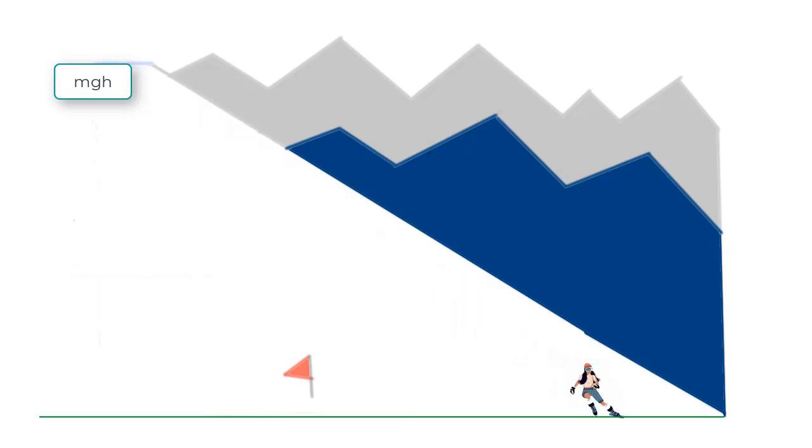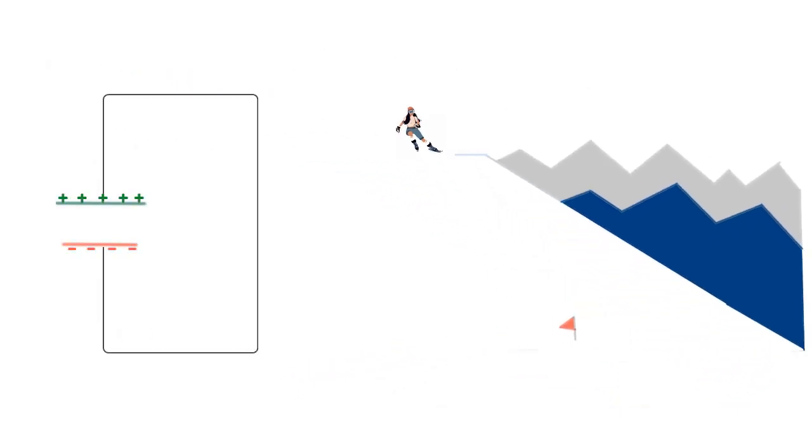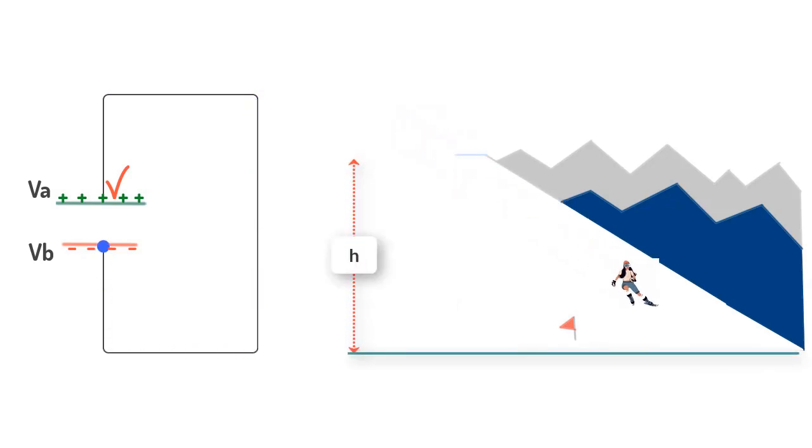Now let us use this analogy to explain what is happening here inside the battery. So a charge at this point where the potential is VA can move through the circuit because it is at a high potential, quite like when you are at the top of the hill and slide down. It moves through the circuit and reaches a point of lower potential VB.